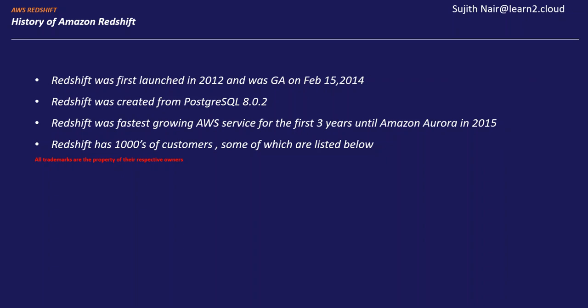At this point, the product goes into what is known as preview. In preview, Amazon invites its customers to apply for a chance to use this new service that they are about to launch. Let us say 500 customers apply, and they allow 400 customers into the preview, and they use the product in preview for a couple of months.